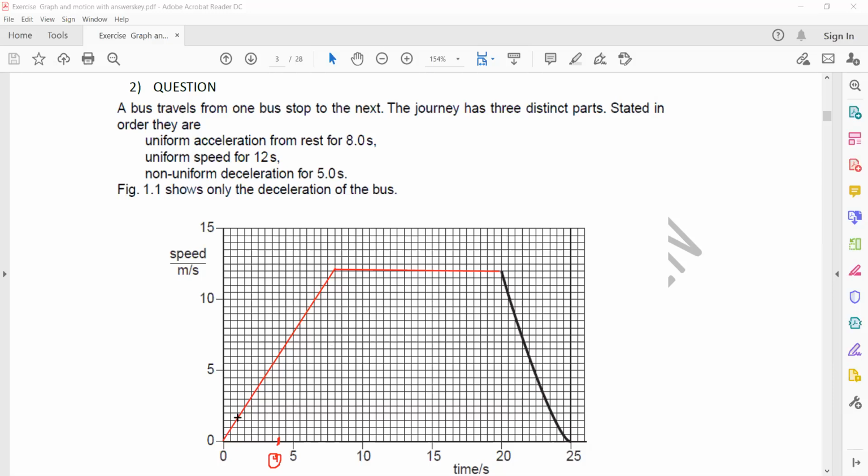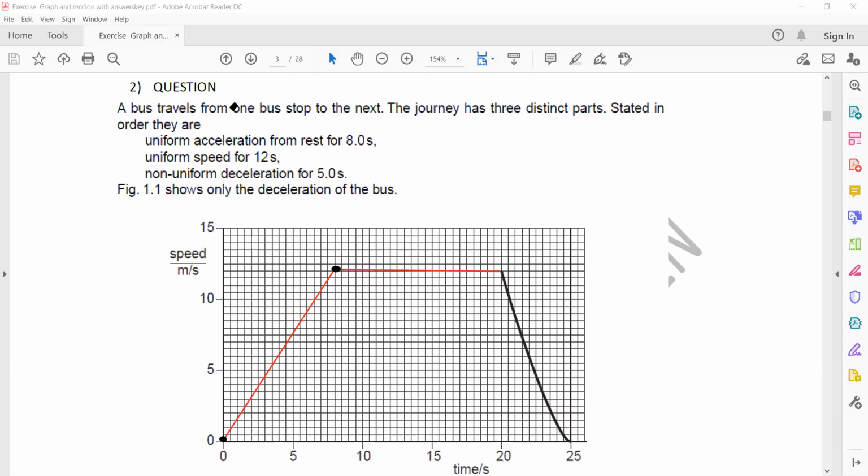This will be the first point, and this one is the last point. I can take any point because it's a straight line, and for a straight line the slope is constant. So if I find the acceleration for 4 seconds or for 8 seconds, it will be the same.